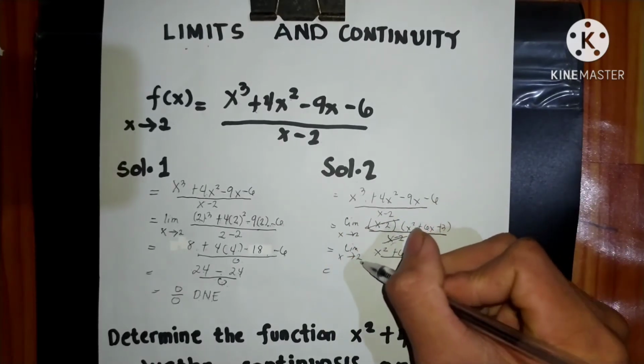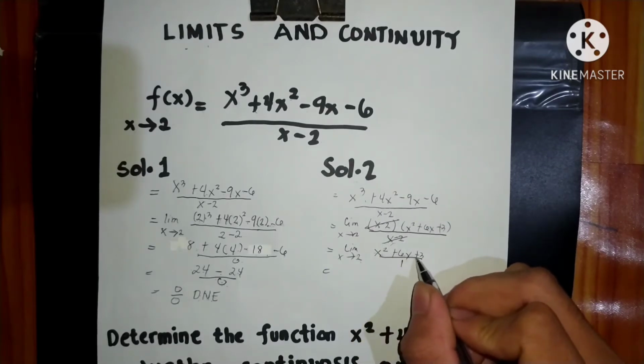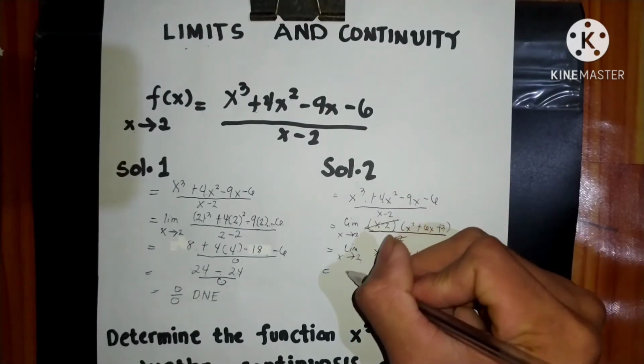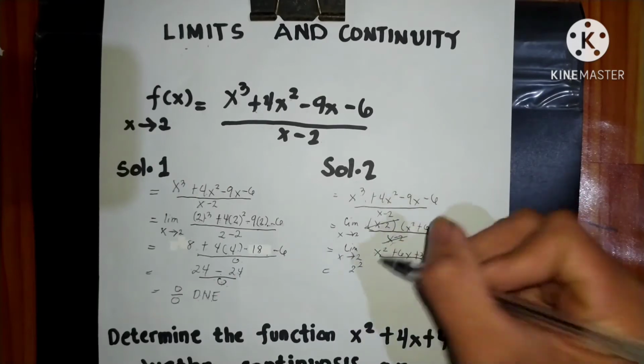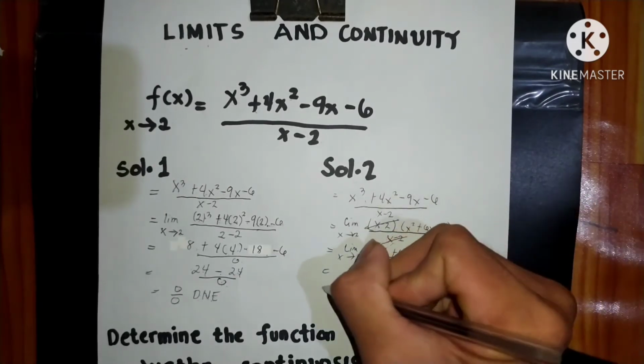So, we have to substitute the value of 2 into x squared plus 6x plus 3. 2 squared plus 6 times 2 plus 3.